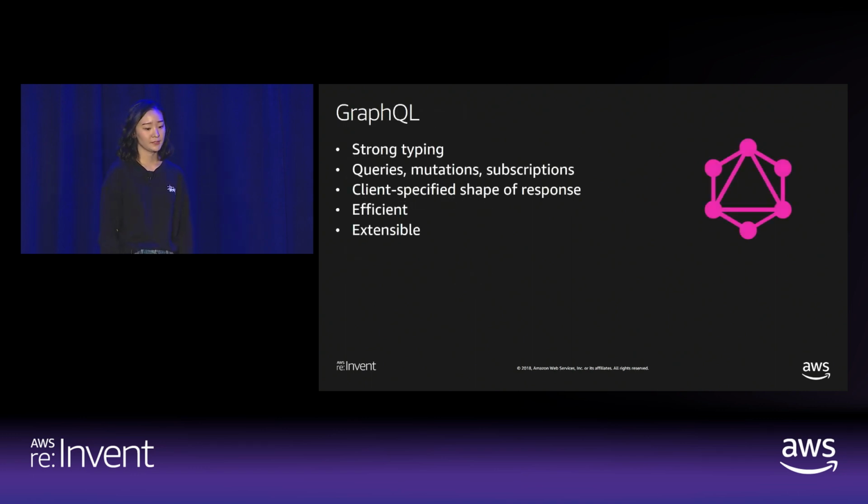And I'm going to be using GraphQL to build my app because it supports strong typing, which is pretty important to me. With strong typing, I know exactly what queries or mutations or fields my API supports. And it has queries, mutations, and subscription support, where queries let you read data, mutations let you write data, and subscriptions are to push data in real time.